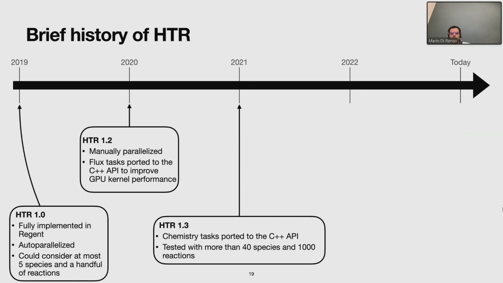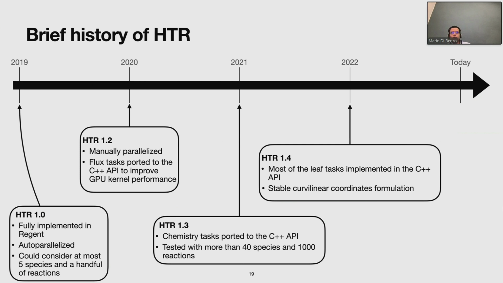Actually, at that time we tested the solver for up to 40 species and 1,000 reactions, which is a relatively good amount of detail for combustion if we are considering light fuels. And in 2022, we ended up writing most of the leaf tasks in the C++ API when we started implementing the curvilinear coordinates formulation, which significantly increased the range of geometrical configurations that HTR can handle.